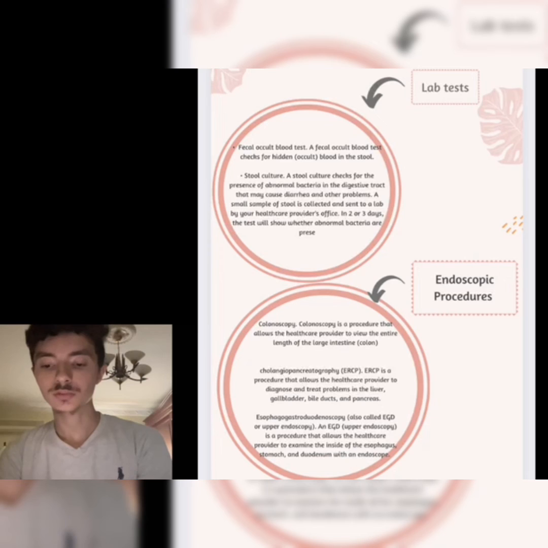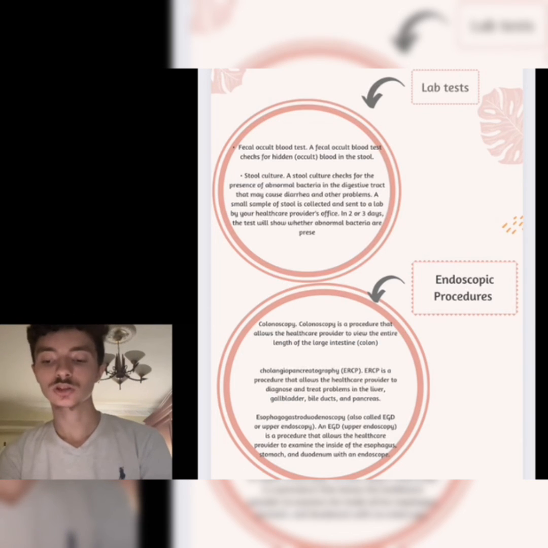First, lab tests. Number 1, fecal occult blood test. A fecal occult blood test checks for hidden occult blood in the stool. Number 2, stool culture.